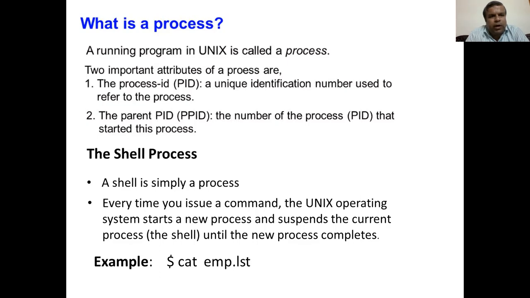The two important attributes of a process are, the first attribute, the process ID, in short, it is PID. What is a PID? A unique identification number used to refer to the process.